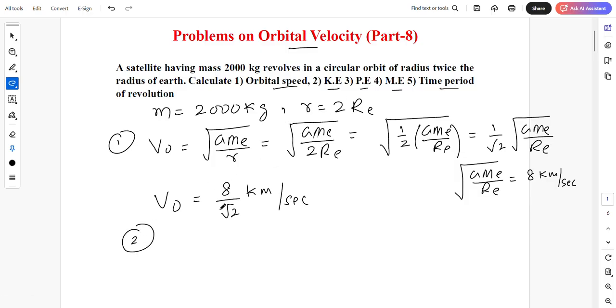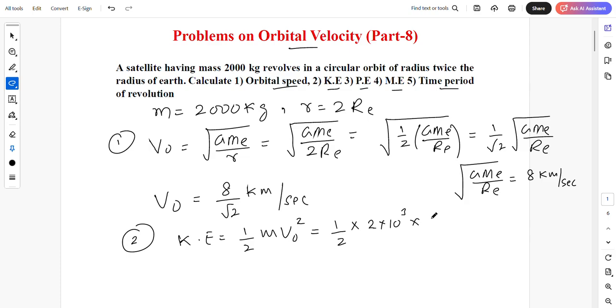Number 2, you are supposed to calculate kinetic energy. Kinetic energy is equal to half m V naught square. That is half into m, the mass of the satellite they have given, 2 into 10 to the power of 3, into V naught square.